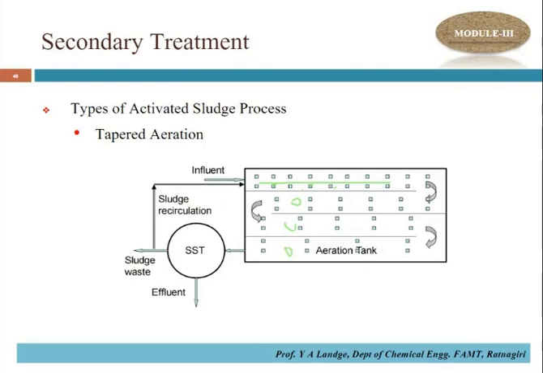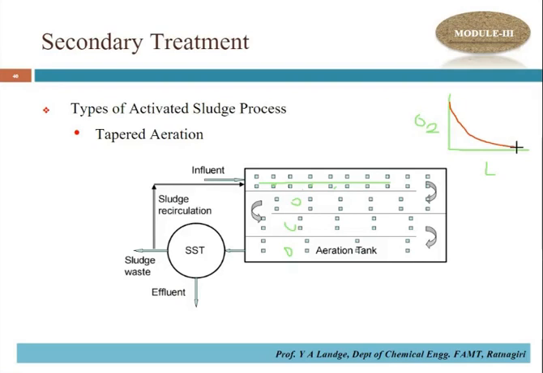Again we draw the graph of length versus oxygen demand and supply. The x-axis is the length, and the y-axis shows oxygen supply and demand. Here you see how much oxygen is required: we require more oxygen first, and then less oxygen. So the graph is like this.